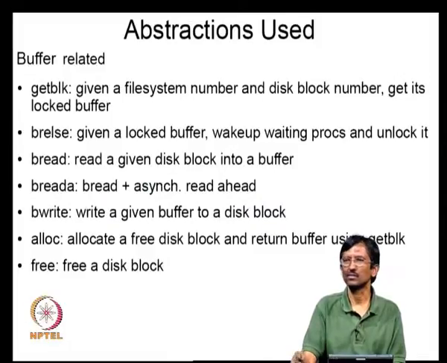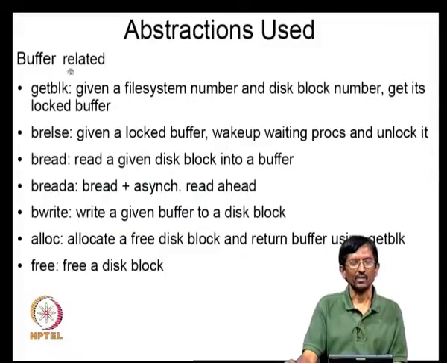That means that these are not available at user level, but these are used inside the kernel. For example, in the case of buffer related, there are various types of calls. For example, get block.